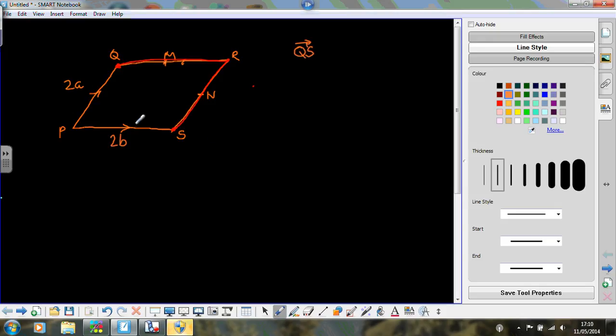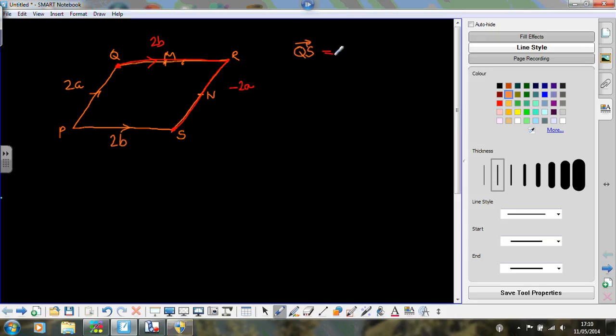So because it's a parallelogram, we can use the vectors. QR and PS are equal to each other, and they go in the same direction. So it's still 2b there. RS is equal to PQ, but it's in the opposite direction. So from R to S, it would be minus 2a.